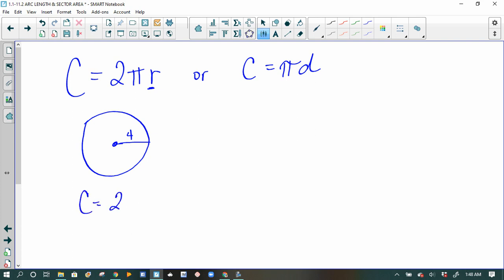Circumference is 2 pi 4, or 8 pi, 2 times 4 is 8, which is 25.13.